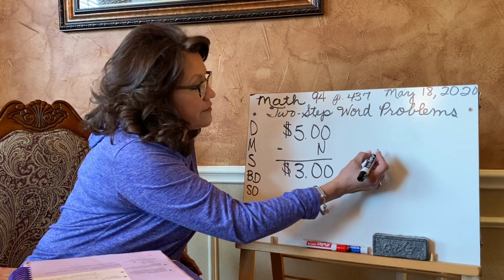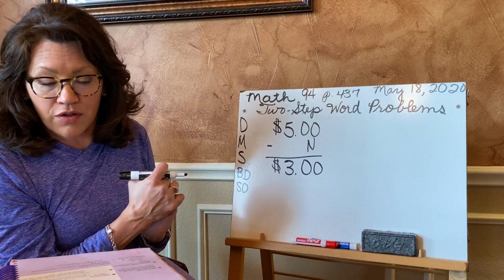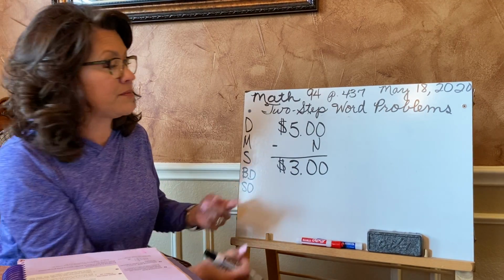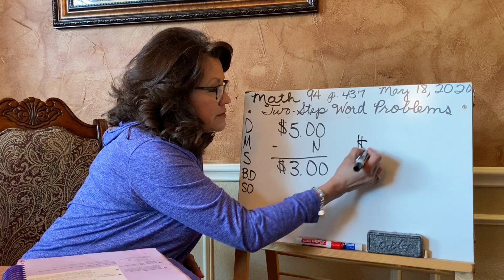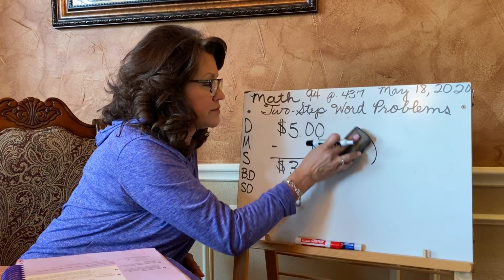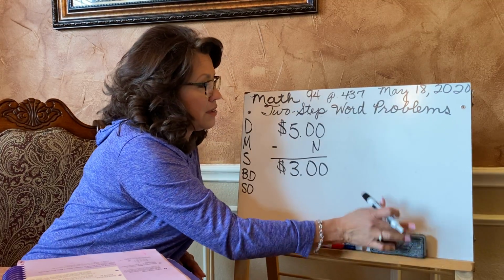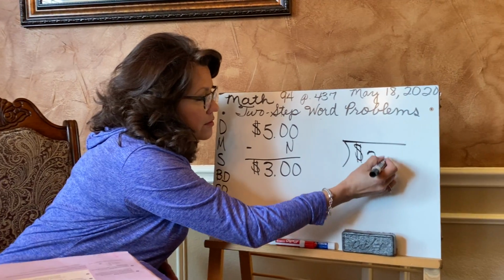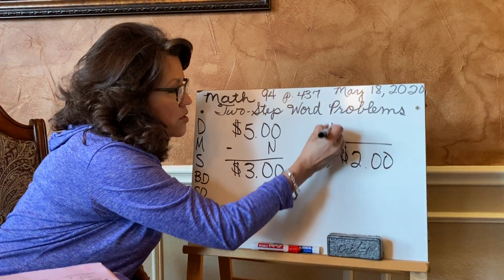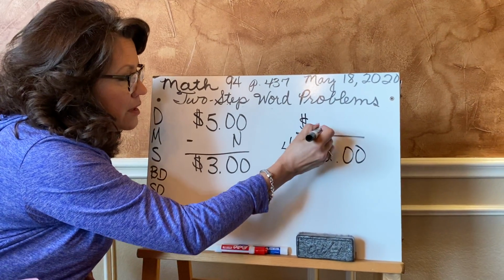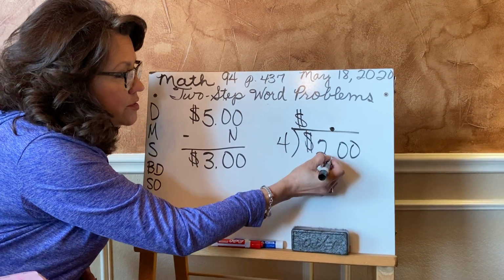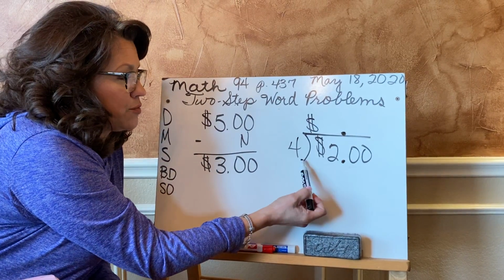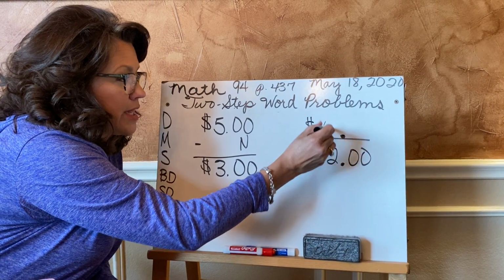So now since we have $2, what are we going to do with $2 and 4 pounds? What did we do with the last problem? We divided. And we're dividing by 4. Make sure you get your decimal and your dollar sign. Again, we don't need to divide 2 by 4, but we do need to show that we have $0.